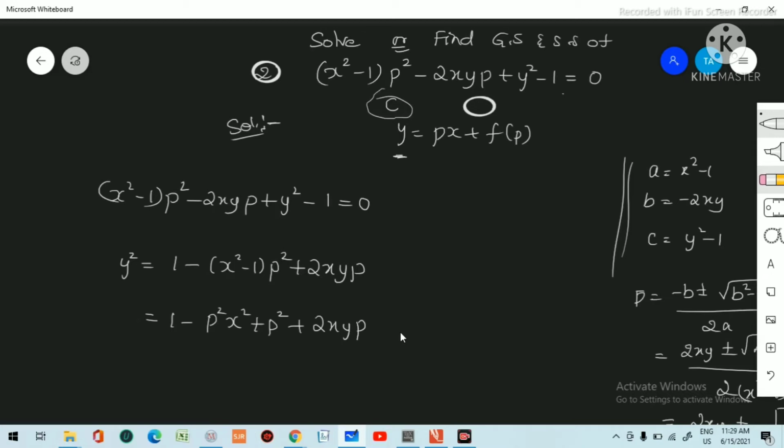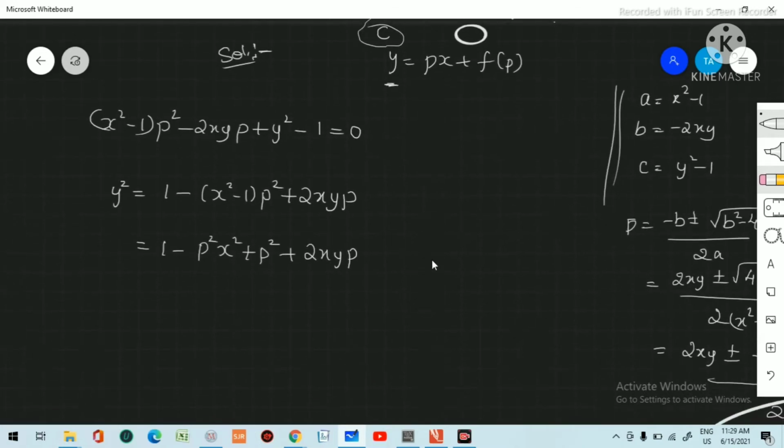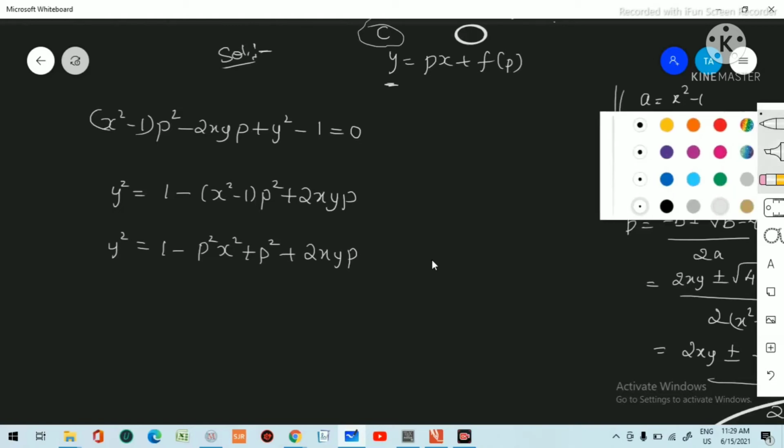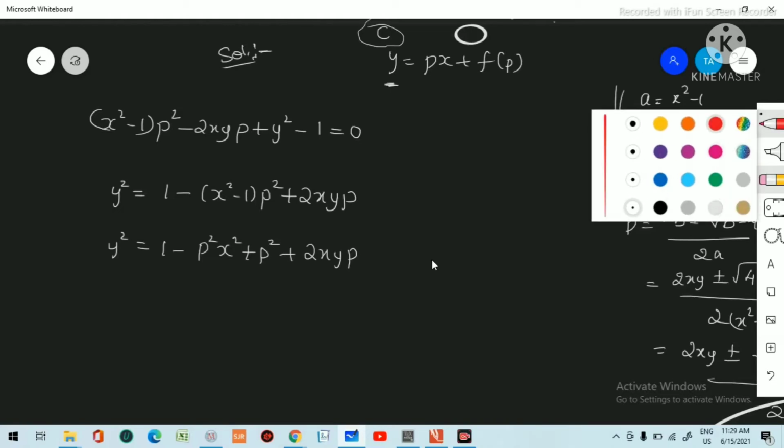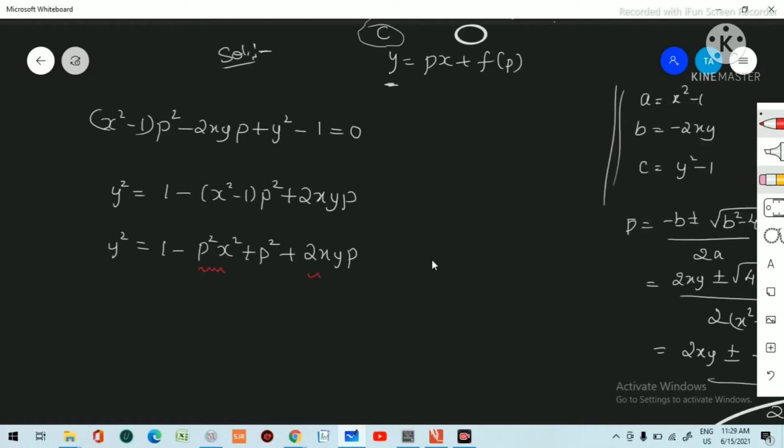So 1 minus p square x square plus p square plus 2xyp. That p square I am multiplying inside. So on the left hand side I have y square. Now the next step is to bring all the variables together on the left hand side. I am highlighting this term and this term, where x is there and y is there.